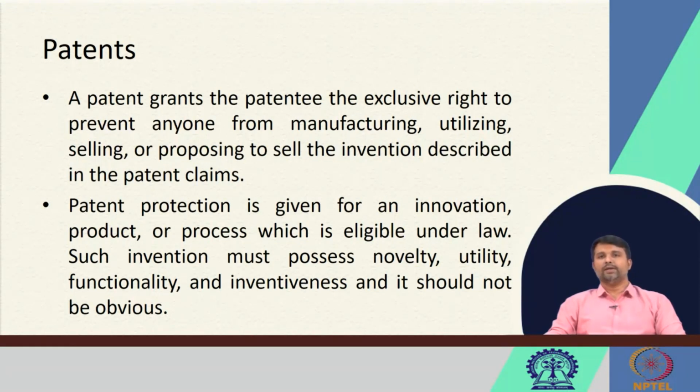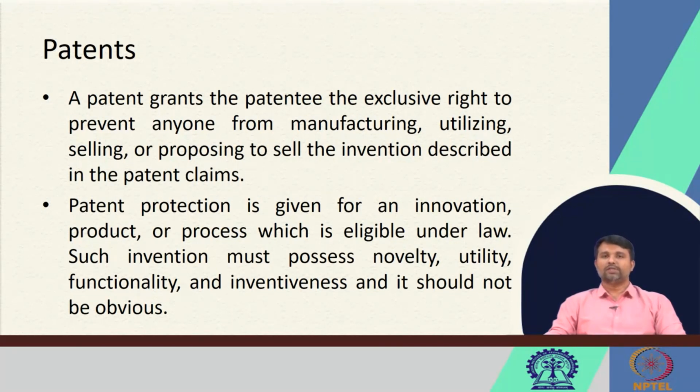Patents grant the patentee an exclusive right to prevent anyone from manufacturing, utilizing, selling or proposing to sell the invention described in the patent claim. So, patent protection is given for an innovation, product or process which is eligible under the law. If an innovation is developed by an inventor, then he has to apply for the patent.